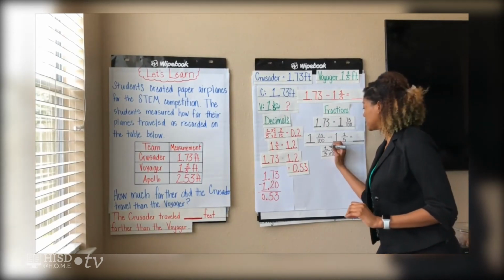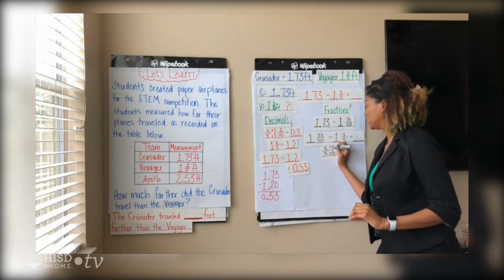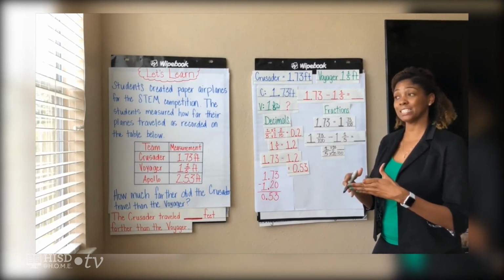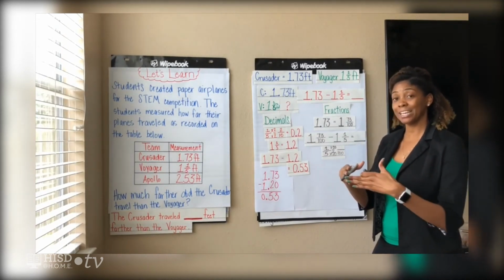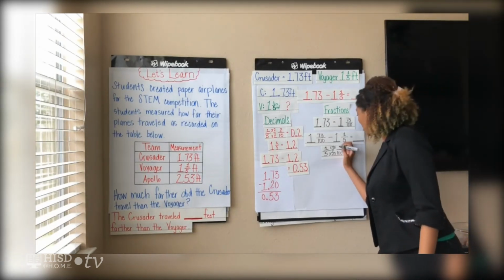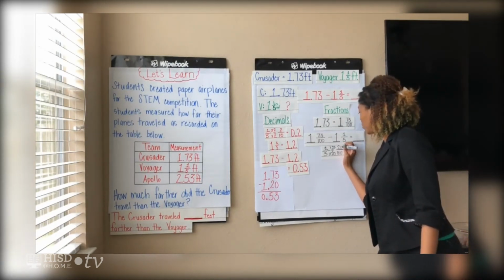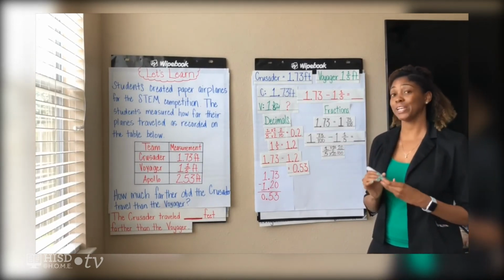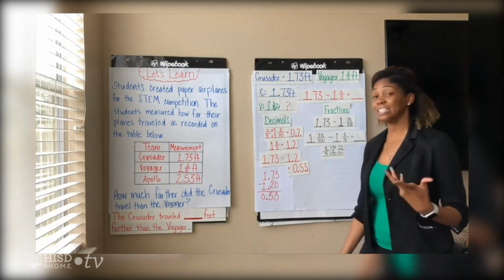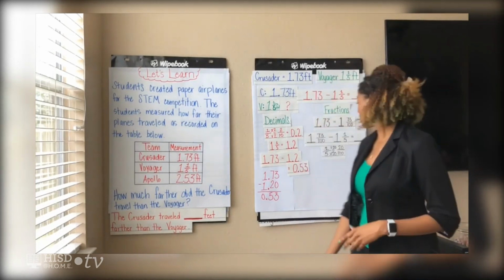So that means 1/5 partitioned into 20 pieces is now 20 hundredths. So now we have 1/5 renamed as 20 hundredths. That is the equivalent fraction for 1/5.